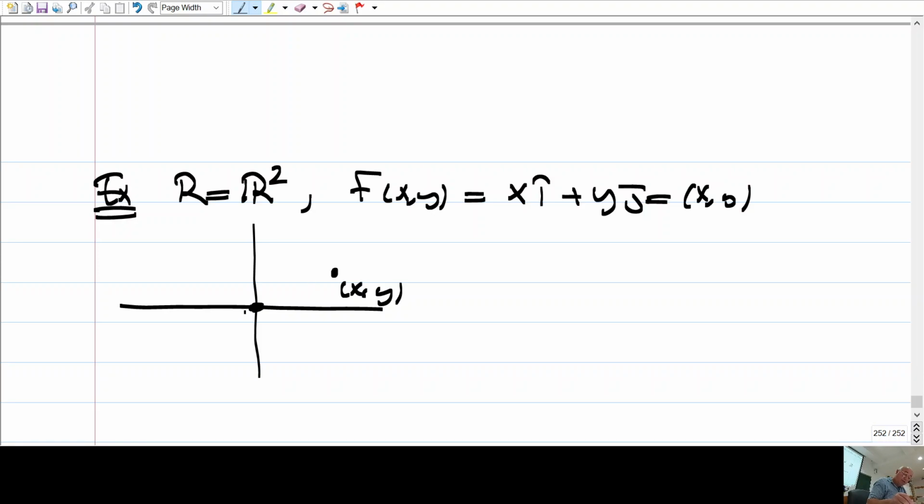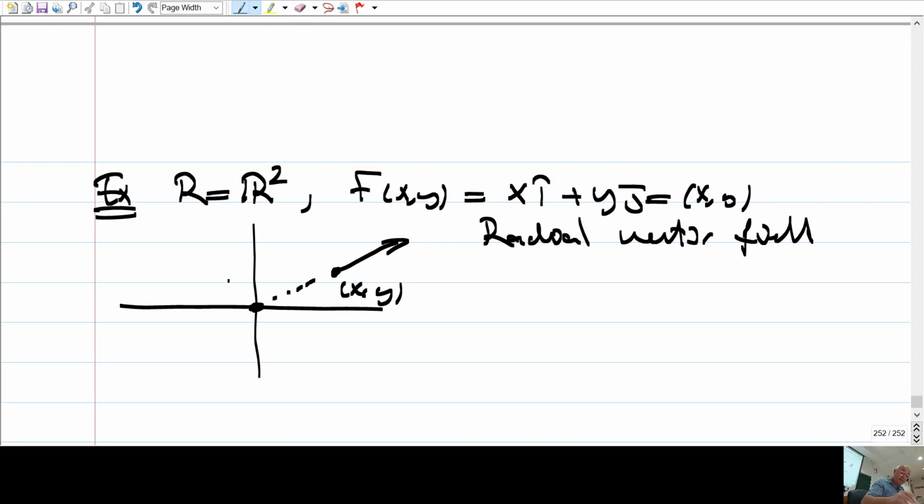So I represent this as follows. I just take this vector and attach it to this point. So this is a vector field. This is called the radial vector field.